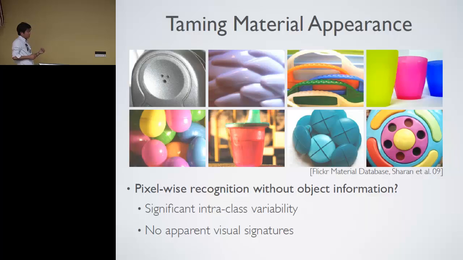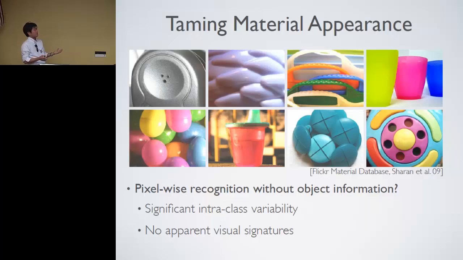Now, that's much harder than it sounds, for two reasons. One reason is that there's a huge interclass variability in material appearance. For instance, all these images are objects made of plastic, but they look so different because of the ways that they're instantiated: the shapes, the colors, the environments, and so on.